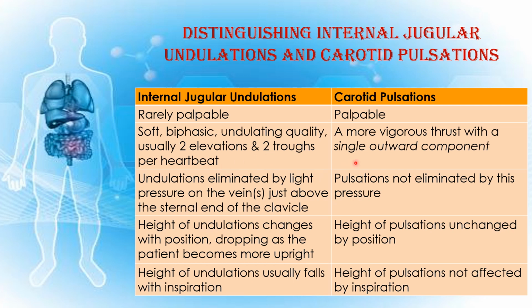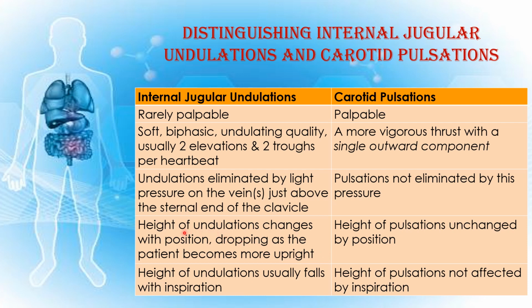On the other hand, the carotid pulsations have a more vigorous thrust with a single upward component. The undulations are eliminated by light pressure on the vein just above the sternal end of the clavicle, while the carotid pulsations are not eliminated by this pressure.